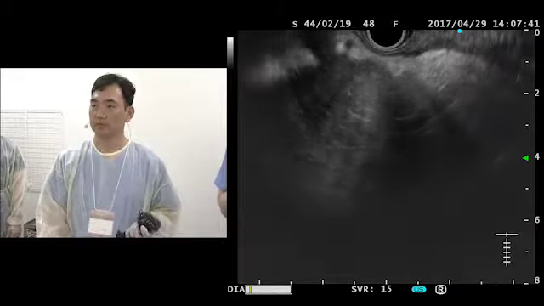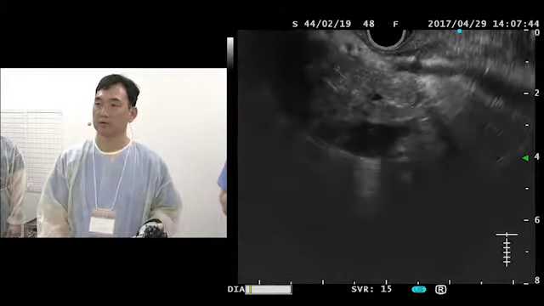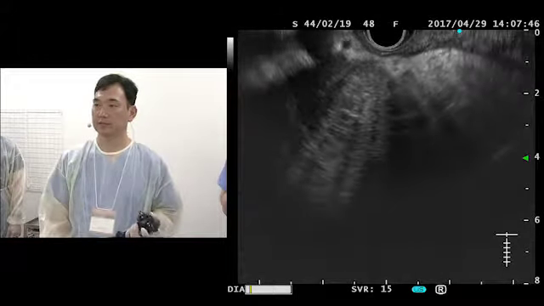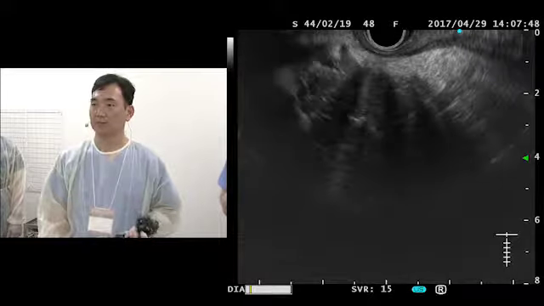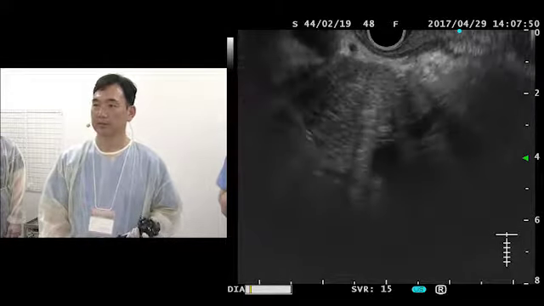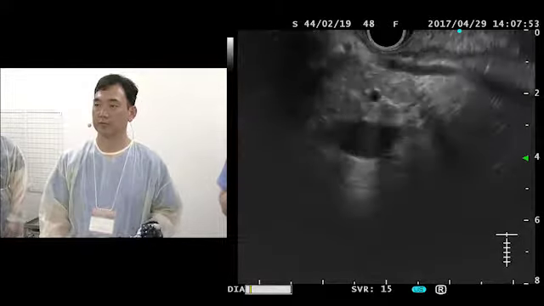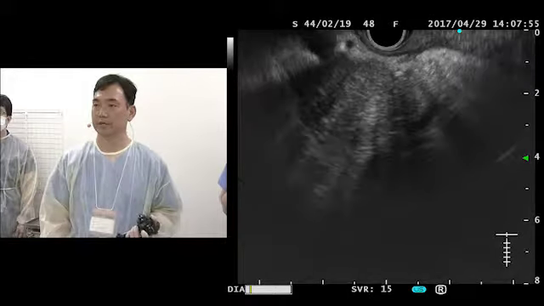So this is a little confusing picture. You hit the point. Now we're not seeing a clear mass, but there's clearly duct obstruction of the pancreas duct here in the pancreas head.